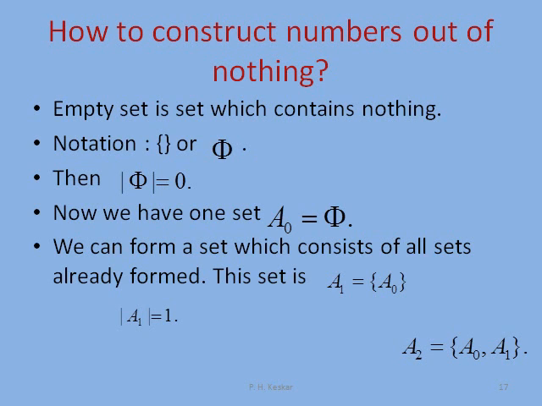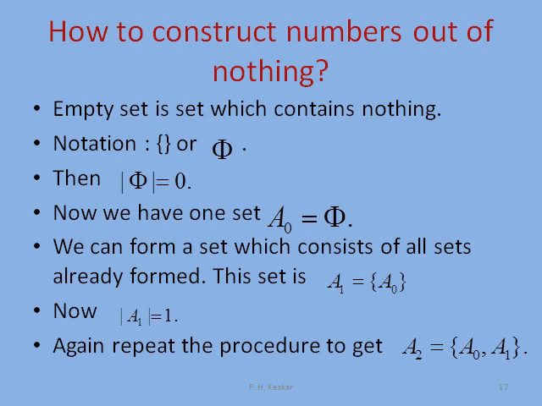Notice here the element of this A1 is a set, the empty set, and it has one element. Though the empty set does not have any element, here I am considering a set which has one element, which is the empty set itself. So that gives me the number 1, because the number of elements in A1 is 1.